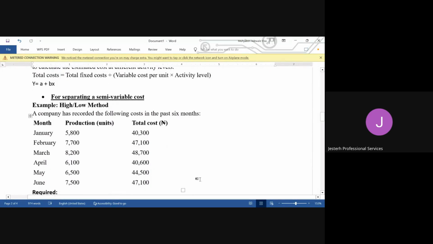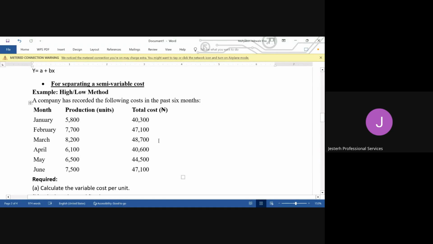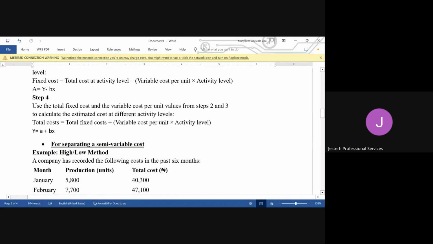Now, I will share the screen where we'll just do one calculation so that we can understand these steps that we just mentioned. Just give me a few minutes. Let me share the screen.